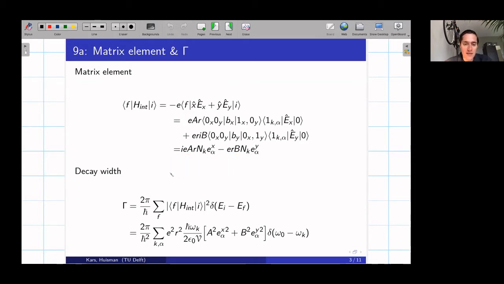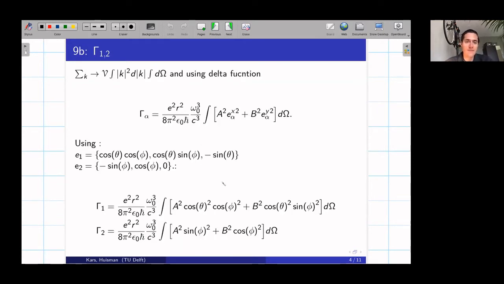And then the decay width, just take the absolute value squared of this matrix element. So you get what's written down here. You have a squared e to the x alpha squared plus b squared e to the y alpha squared, and then times this delta function here. So that's the second part of the question in A.